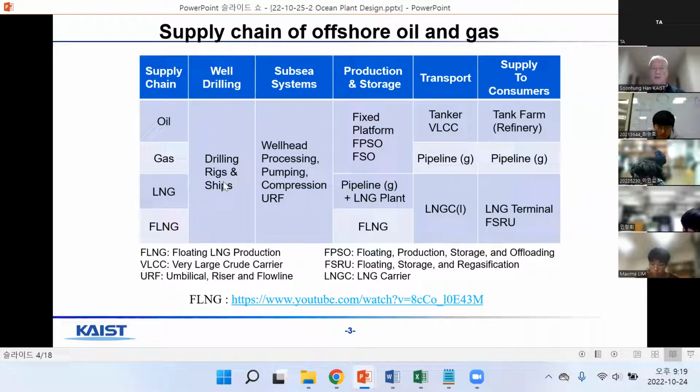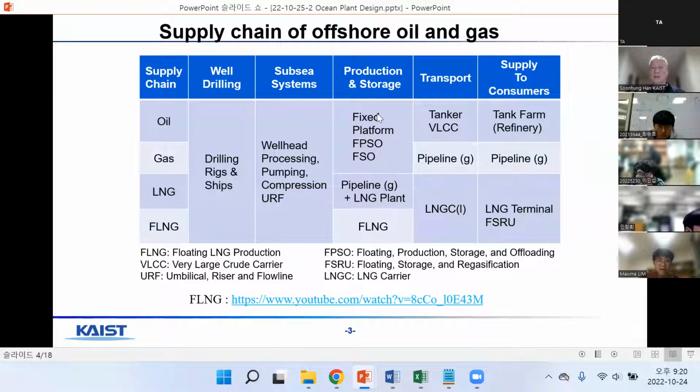At the beginning, we have a drilling rig type or ship type drilling system. Then at the subsea, in deep water near the bottom, there is a wellhead, subsea processing and pumping, compression. And URF is umbilical, riser, and flow line.